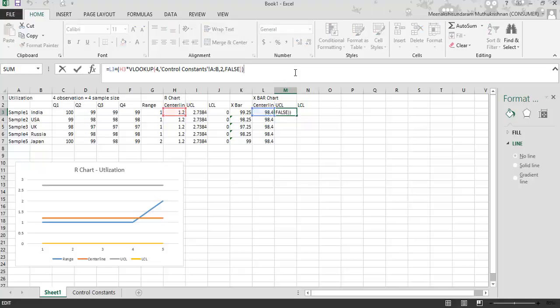Okay, and LCL is nothing but the same calculation but on the negative side. So minus will give you the LCL. So let's use the same formula.